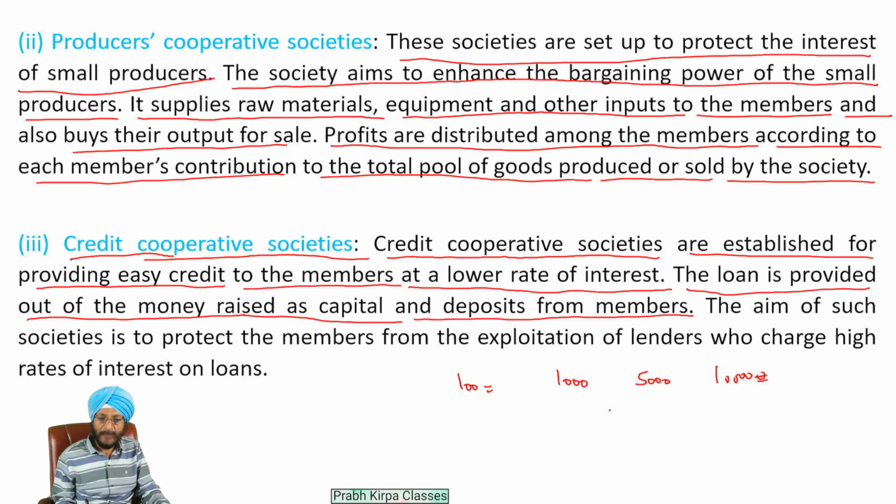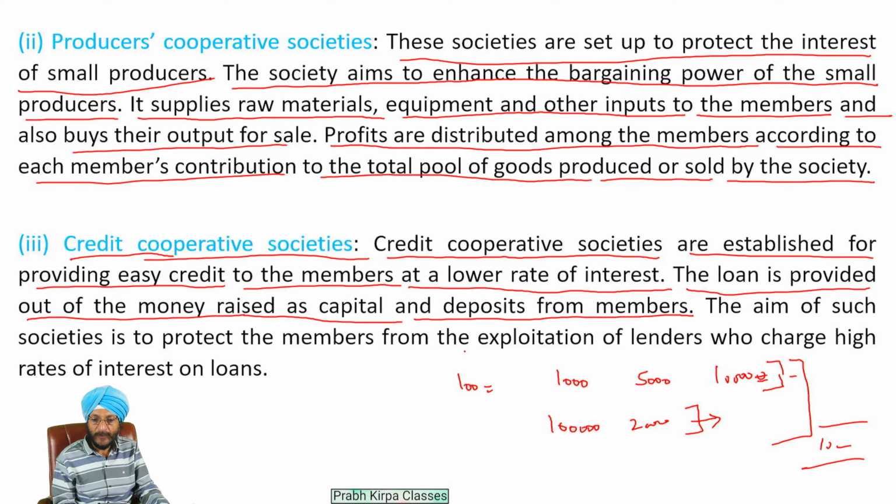There are some other members who have also deposited 1 lakh, 2 lakh as deposit money for which they get interest from the cooperative society. So this money which has been deposited as capital and this money which has been deposited in the shape of deposits, all this money together, suppose it forms 10 lakh.